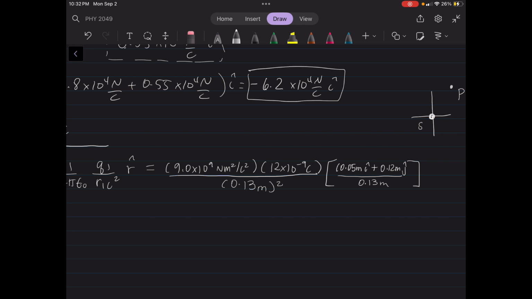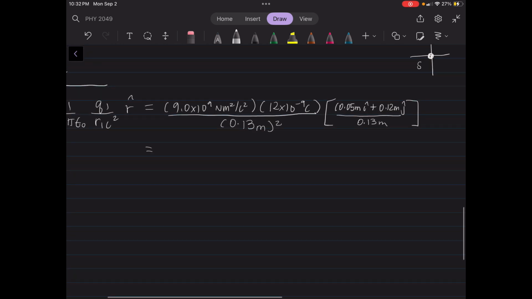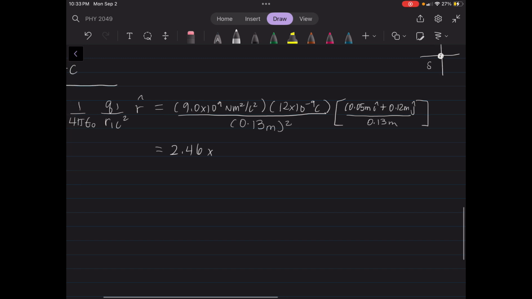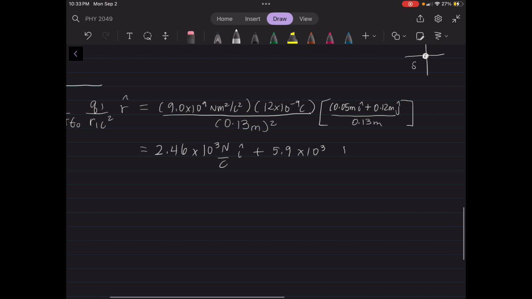So let's go ahead and plug in all those numbers here. In your calculator, you should get 2.46 times 10 to the 3 i hat plus 5.9 times 10 to the 3 newtons per coulomb, j hat.